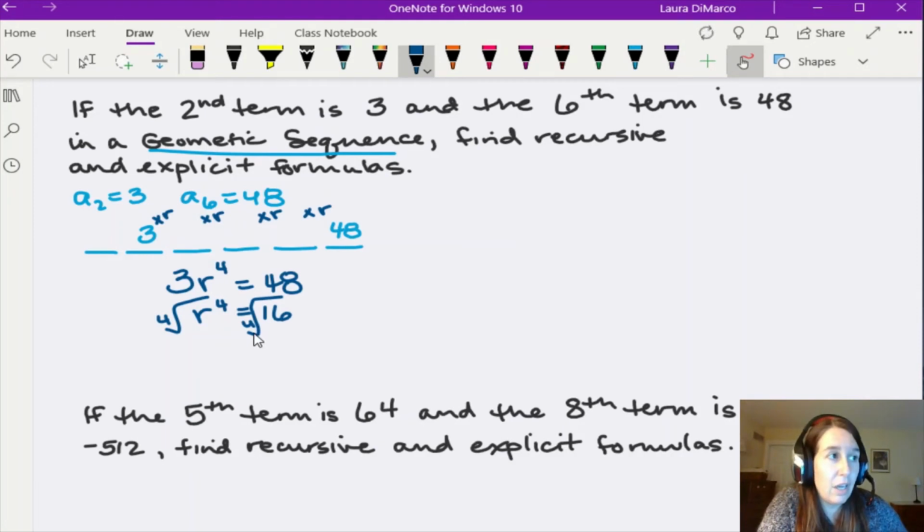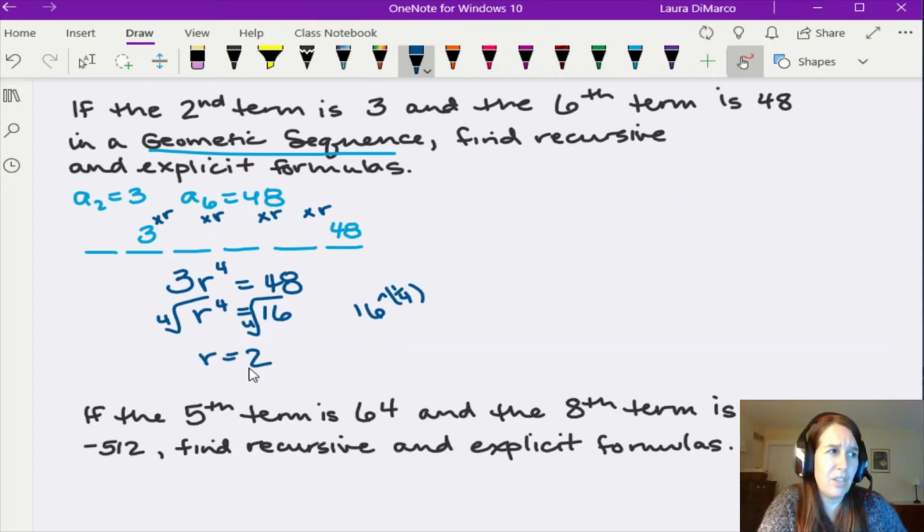And there is a fourth root button in your calculator. If you go to math, I believe it's just right in math, it'll say x root. The other way, of course, to write that root would be 16 to the 1/4 power, right? 16 to the 1/4 power is the fourth root of 16. r is 2.